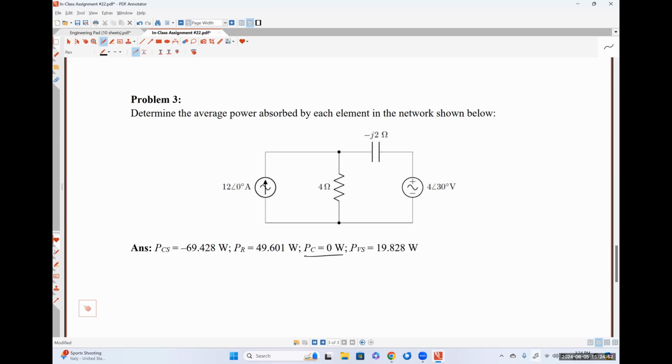For our current source, we need to know the voltage drop across the current source. So I'm just going to call that this voltage VR. So the voltage drop across the current source is the exact same thing as the voltage drop across that 4 ohm resistor.